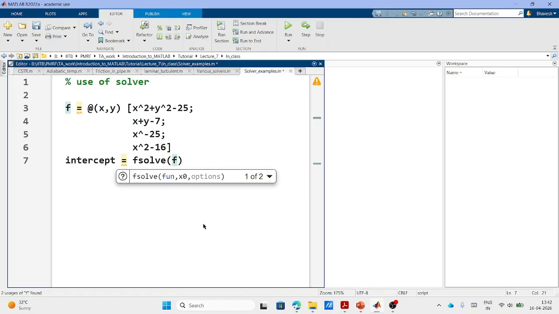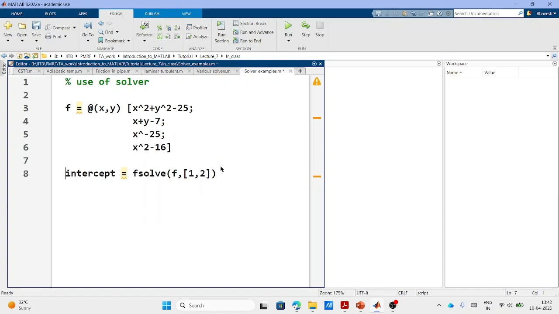Because it's a multivariable optimization problem and I have to provide some initial guess. You can see in the help command that you have to provide the function and the x0 value. And if you further want to see how your method has converged or different options, then you can provide the options part. So let me provide the guess value as 1 and 2 and see how it works. Then I will run it.